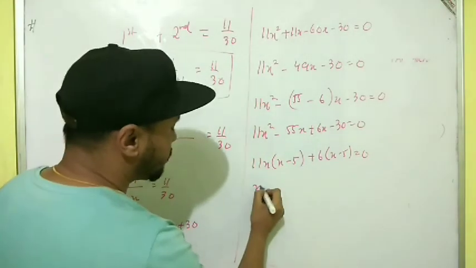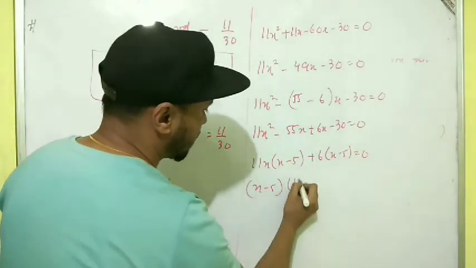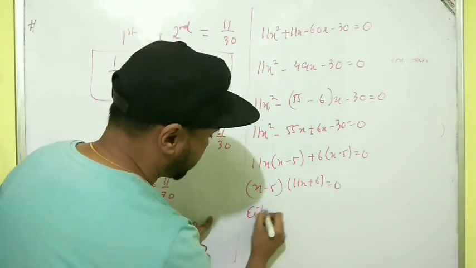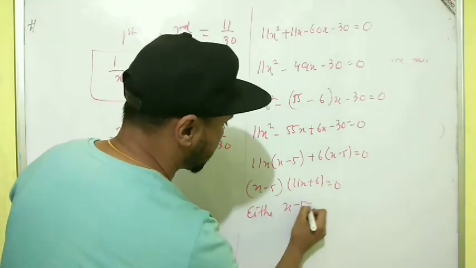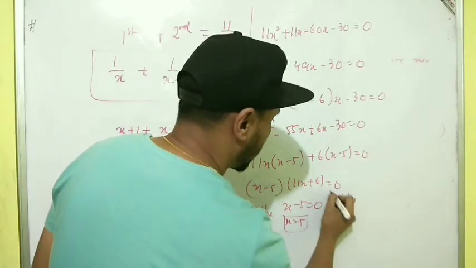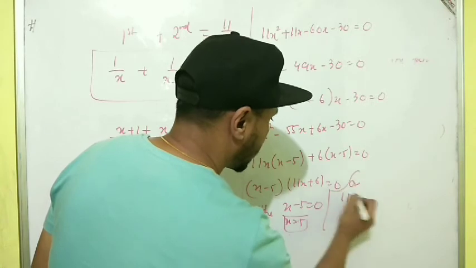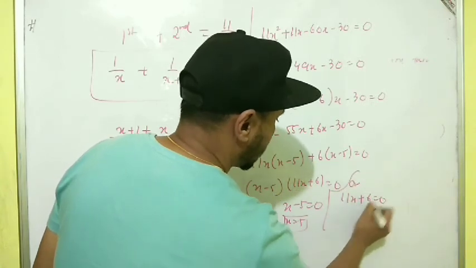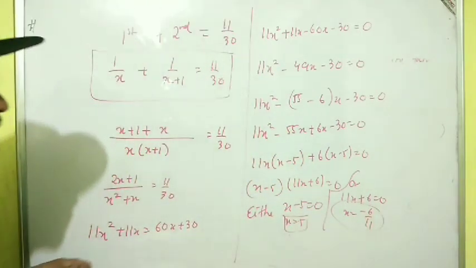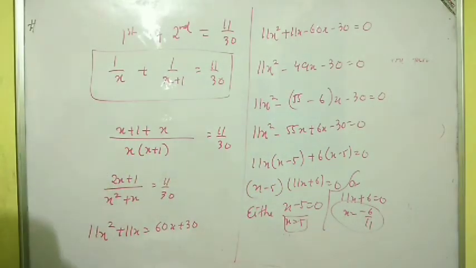So x minus 5 is common, so 11x plus 6 is equal to 0. Now either x minus 5 is equal to 0, so x is equal to 5, or x is equal to minus 6 by 11. Negating the negative value, x will be equal to 5.